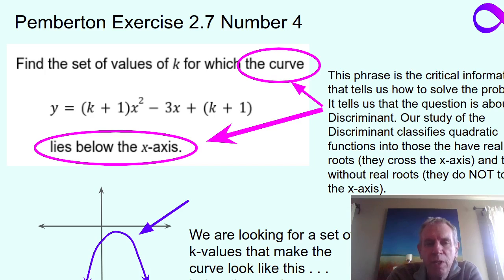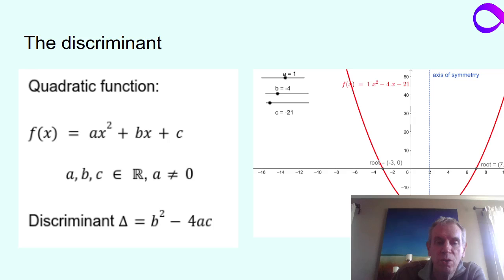Because I know from reading the textbook that the discriminant classifies quadratic functions into those that are below the x-axis or above the x-axis, or those that cross the x-axis, or those that touch or kiss the x-axis only once. If the discriminant is negative, that tells me that the curve must be either entirely below or entirely above the x-axis. So again, this comes from the textbook.